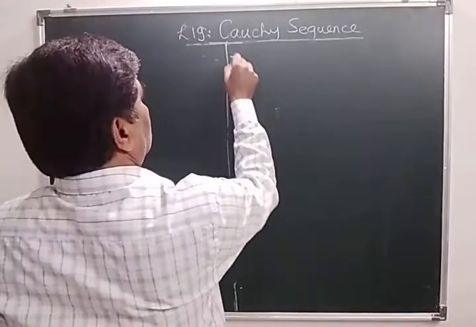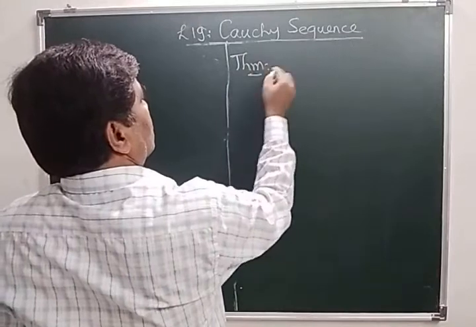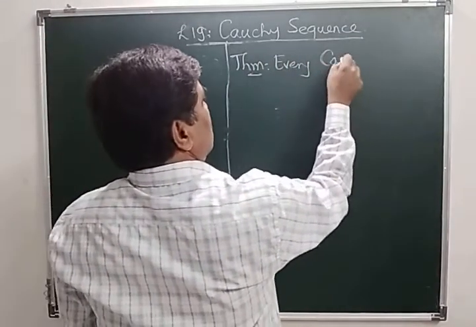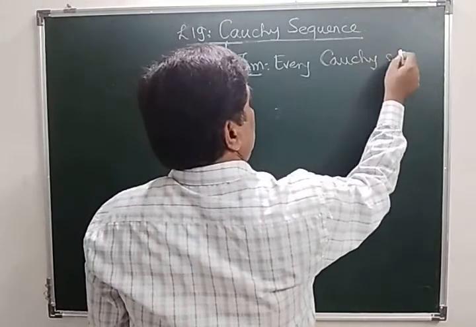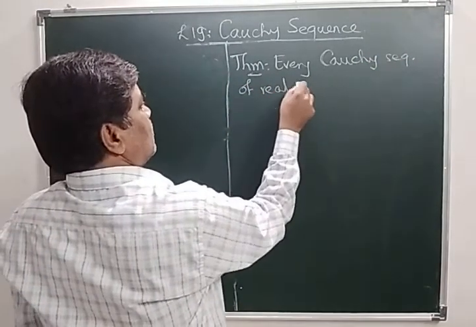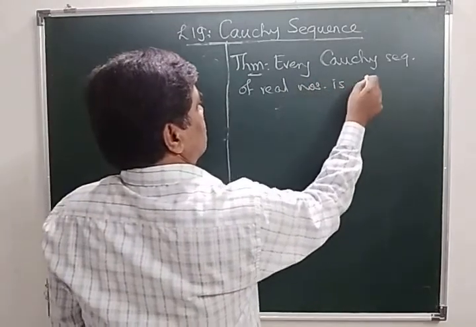Next theorem: every Cauchy sequence of real numbers is convergent.